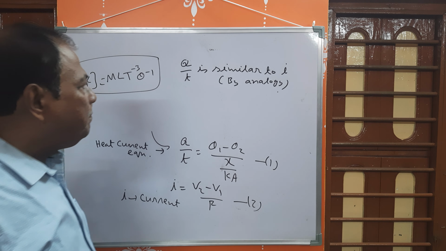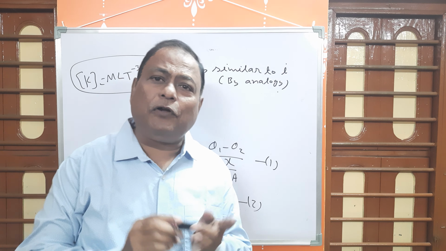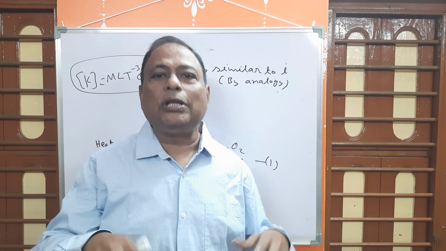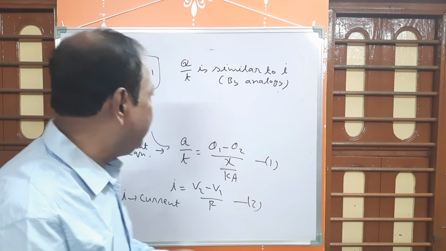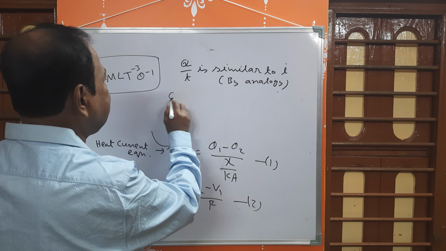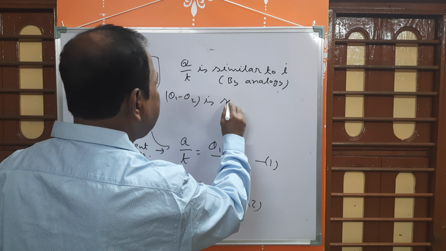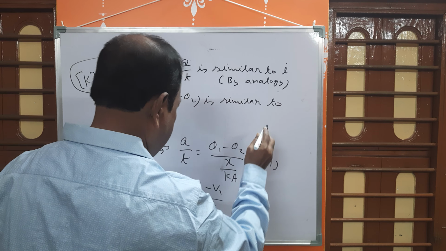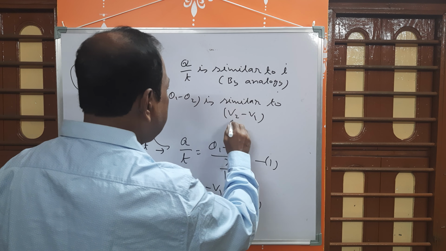Theta 1 minus theta 2 is the temperature difference. Why does heat flow? Due to the temperature difference. Why does current flow? Due to the potential difference. So theta 1 minus theta 2 is similar to V2 minus V1.